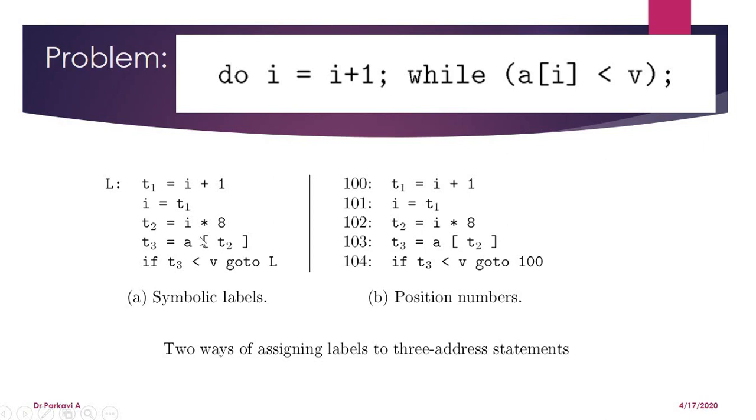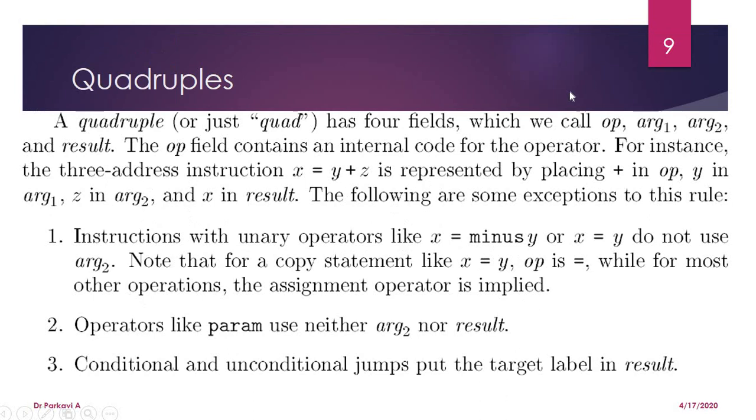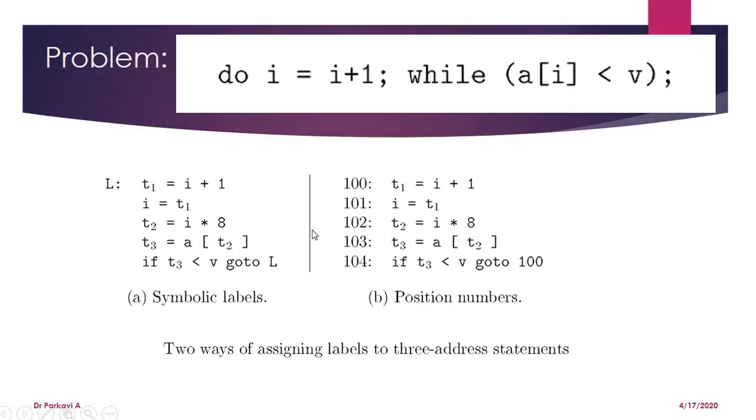Now the i value is adjusted according to the number of bytes occupied for each data item, and it's accessed here, a of t2. A of t2 is copied to temporary variable t3. Then we need to check a of i less than v. So that is happening here. If t3 is less than v, go to the label.